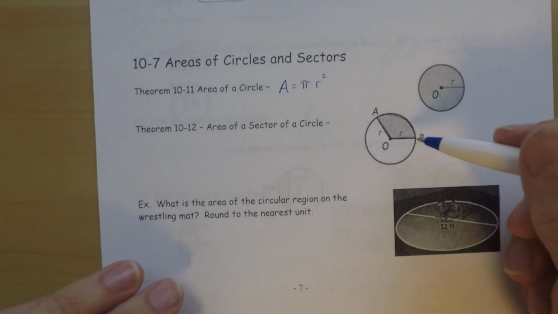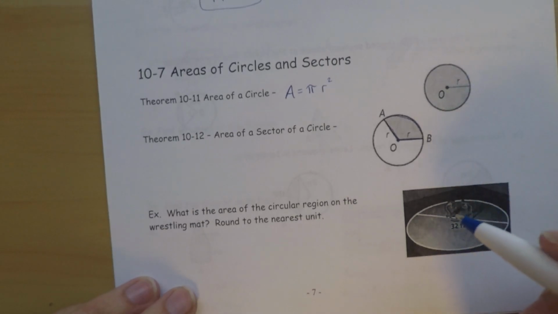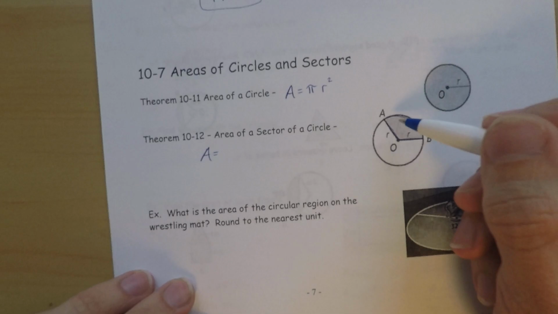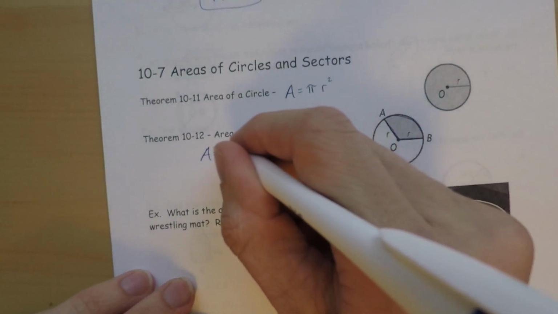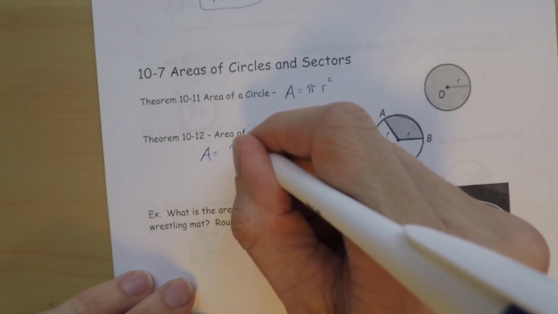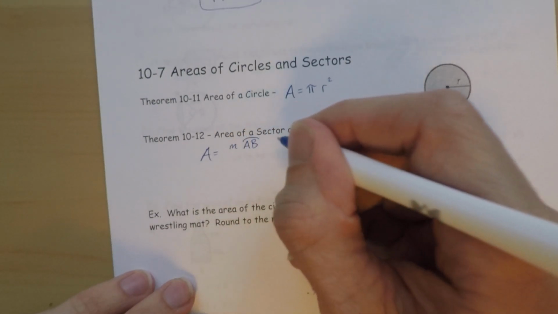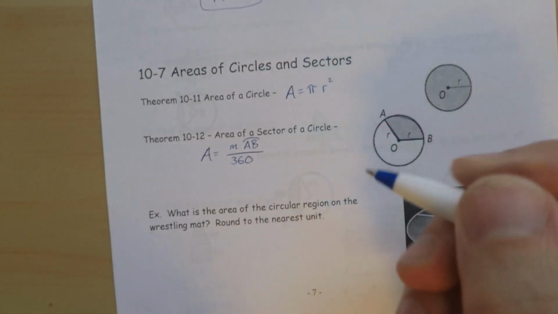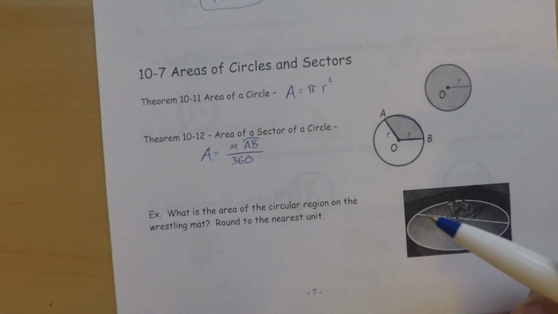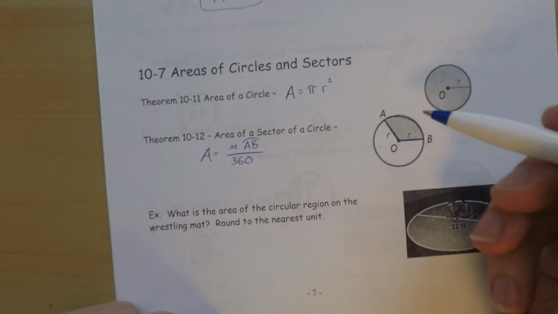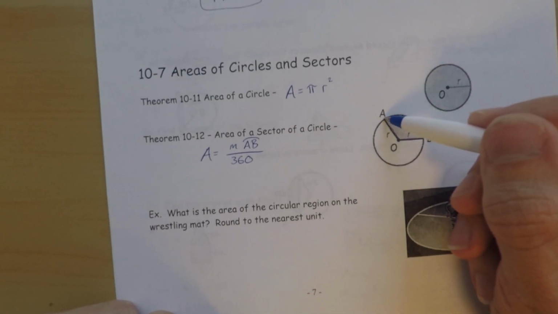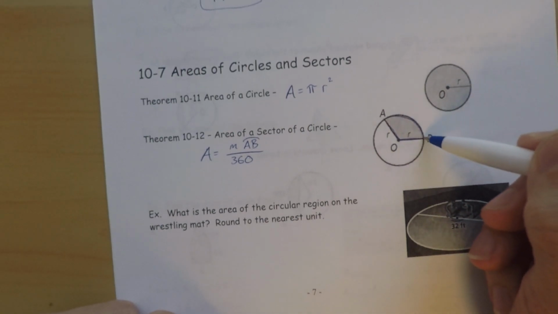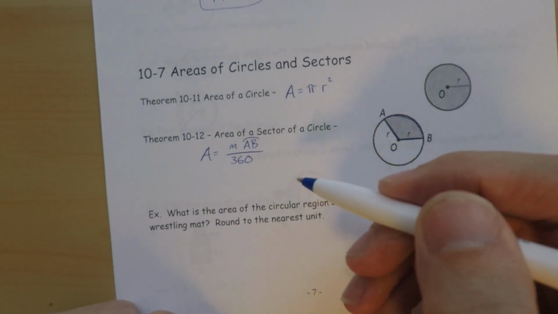To find the area of a sector, what we're going to need to know is, first of all, what's the measure of the arc? We take the measure of the arc AB in our picture's case, and put it over 360. This part of the formula is essentially asking, what fraction of the circle am I talking about? And it would be the measure of this arc out of 360 degrees.